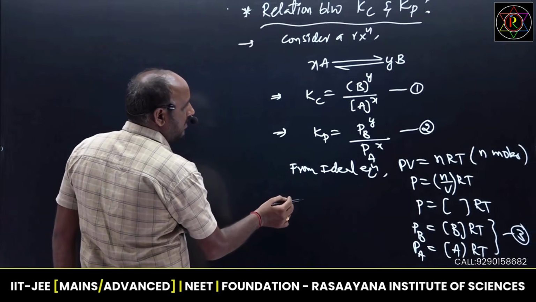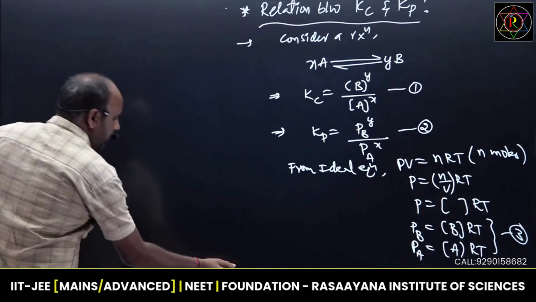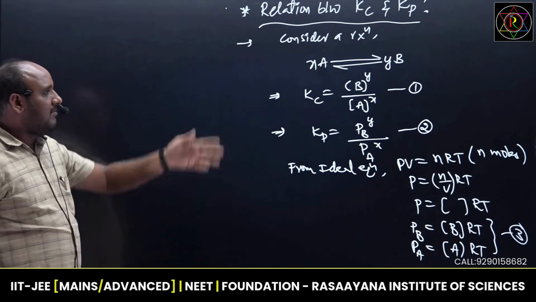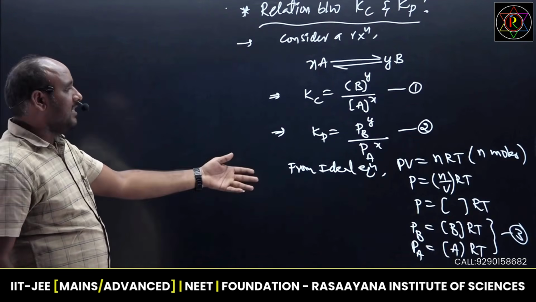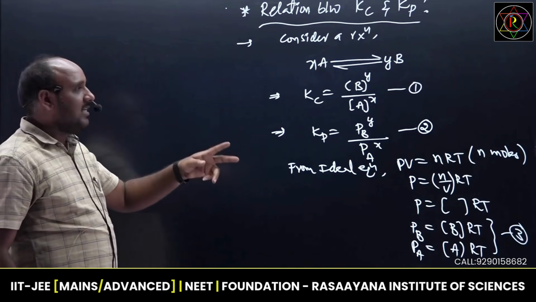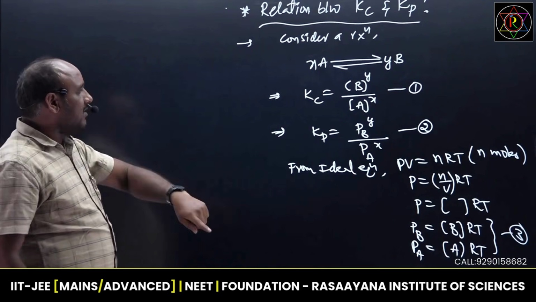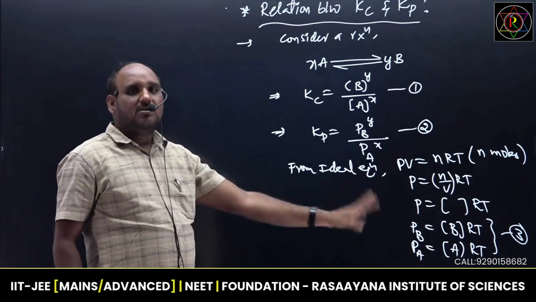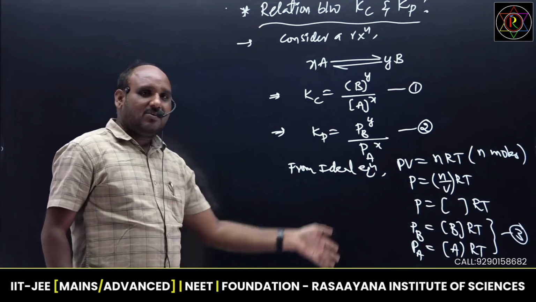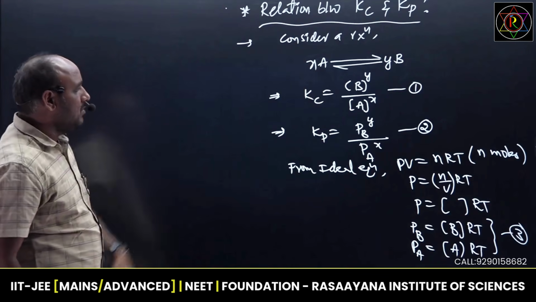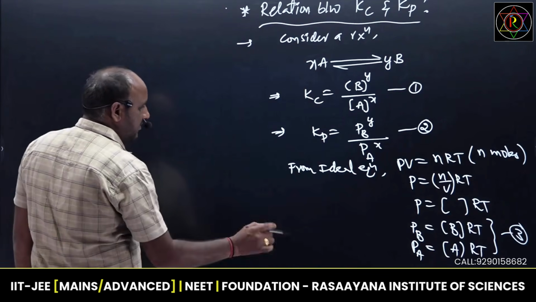Even though we can remember it directly, we should know the concept of how we get it. Sometimes we get confused whether it is Kp equals or Kc equals. We have to overcome that confusion by going through the concept. If you remember this concept, you will not make a mistake during the examination.